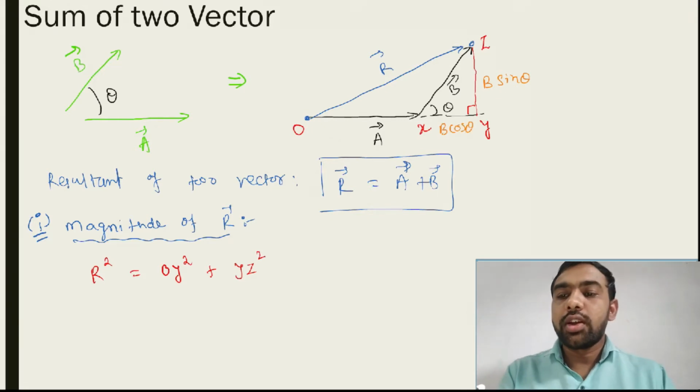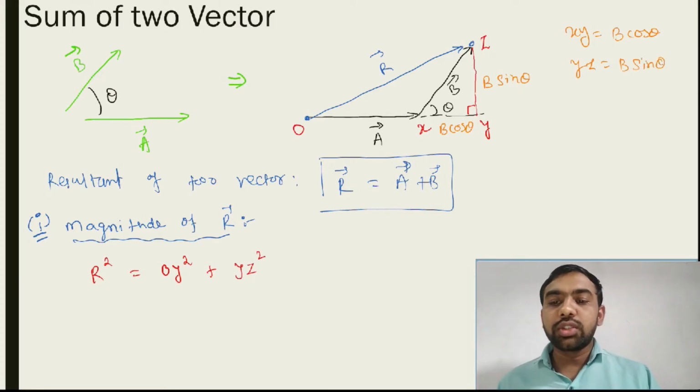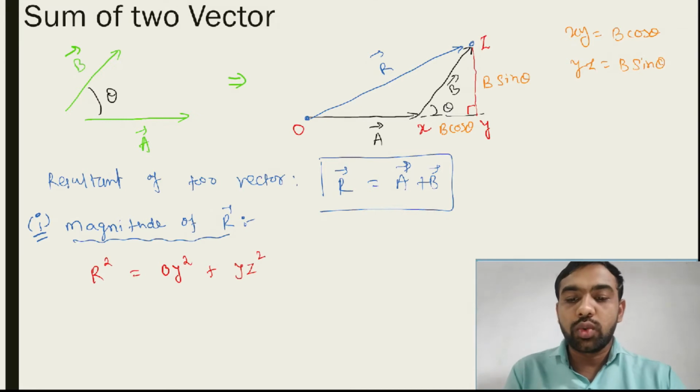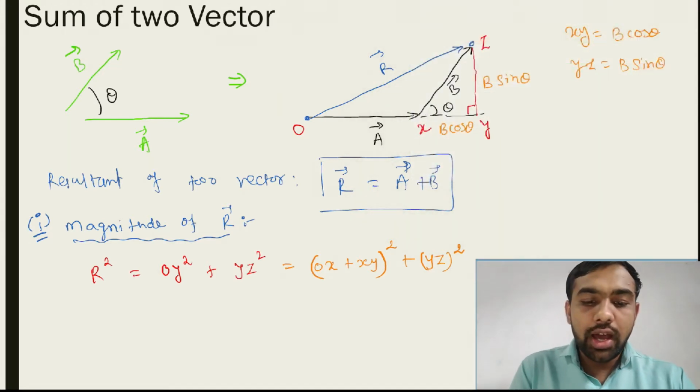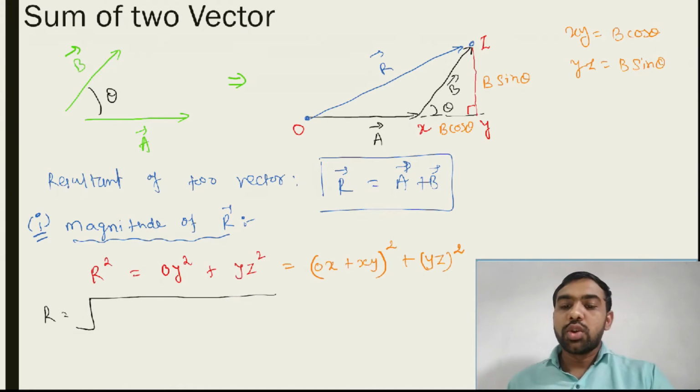Here, XY is equal to B cos theta, and YZ is equal to B sine theta. Just put all these values into this equation. So what do you get? OY means OX plus XY, whole square, plus YZ square. So R is equal to under root, because you take the square root.